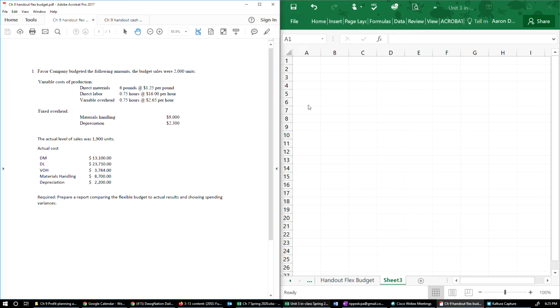So let me set up a report basically comparing the budget to the actual numbers. All right. And we need to compute some of the budgetary stuff because it's presented on a per unit basis. And let's actually start with units. The budget was for 2,000.